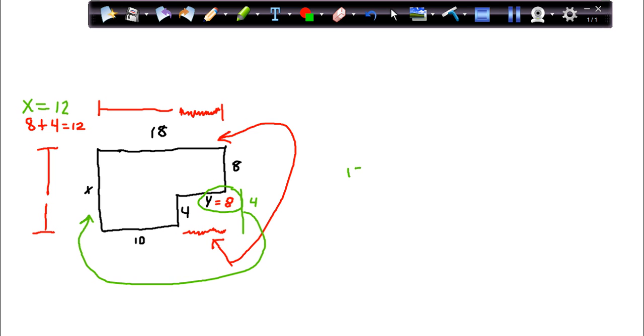When you add everything together, 12. That's this over here. Plus the 18, which is here, right? So there's my 12, 18. Eight plus 8.